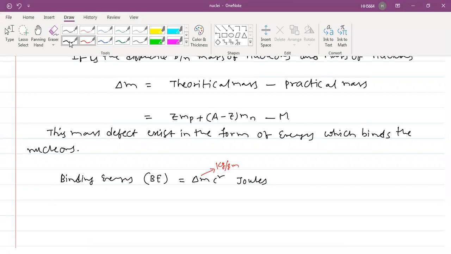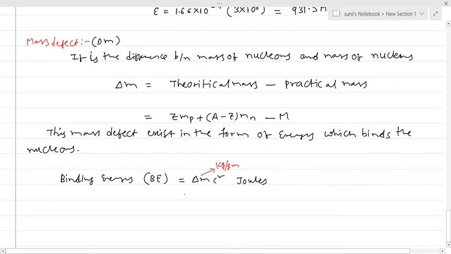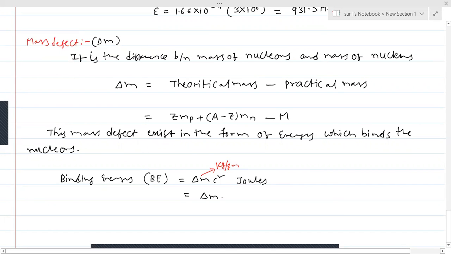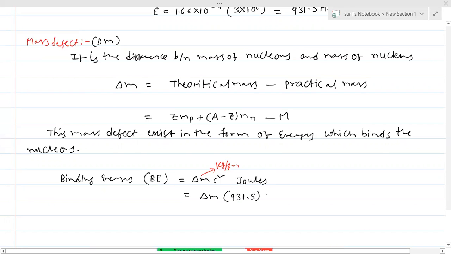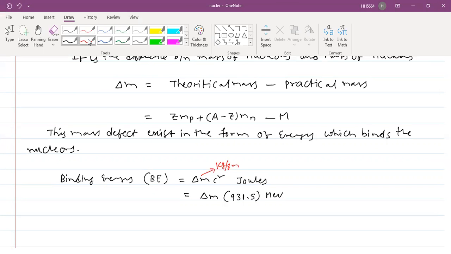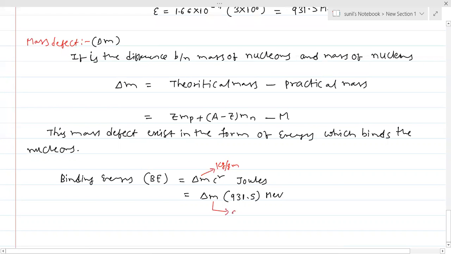And we will write that binding energy is equivalent to delta M into 931.5 MeV. This is possible whenever the mass defect is at atomic mass level.